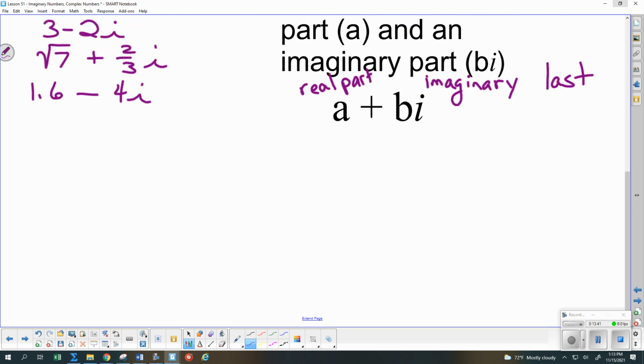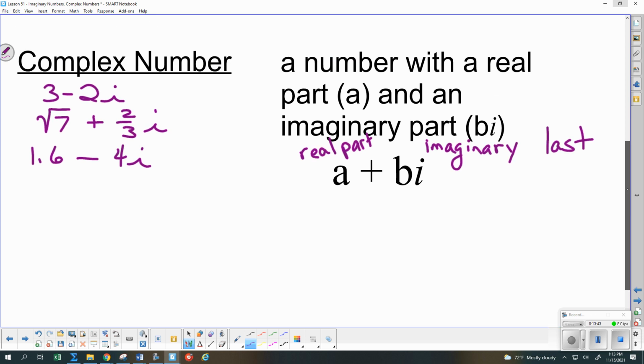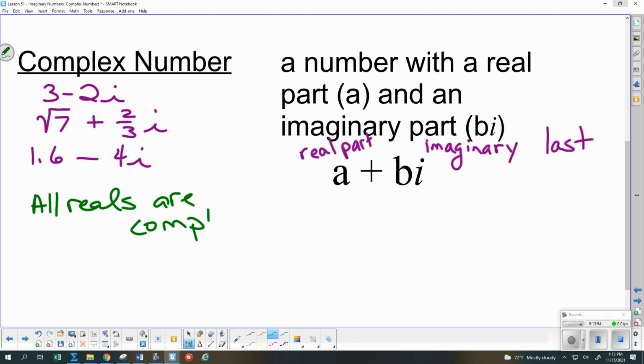Interestingly enough, all real numbers are also complex. Because I could say that 3 is 3 plus 0i. For a real number, I simply am thinking of that as the real part plus 0 times i.